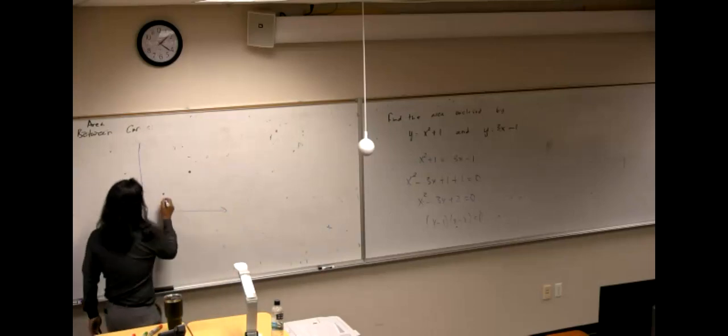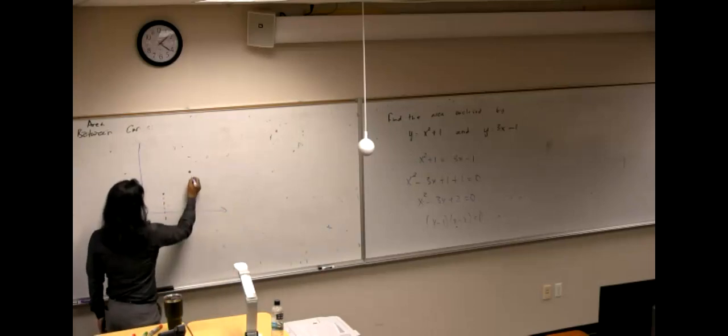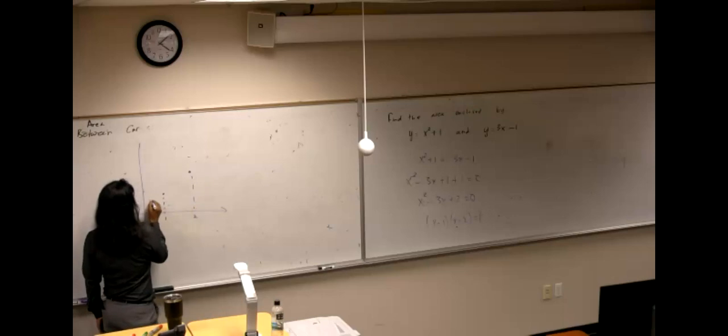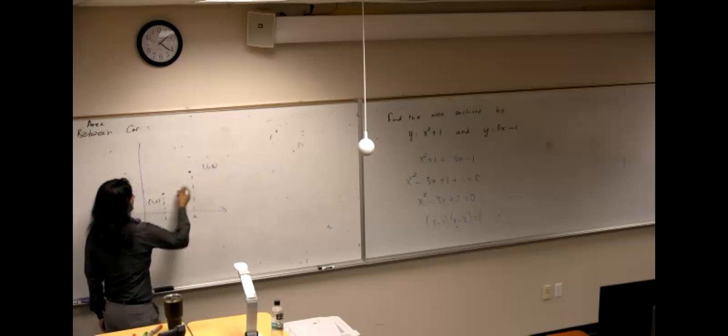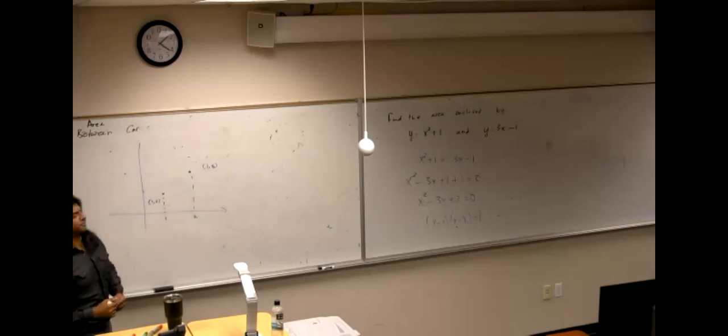Pick a number in the middle. This is 1, 2, 1.5, 3 over 2. 3 over 2 squared is 9 over 4 plus 1.